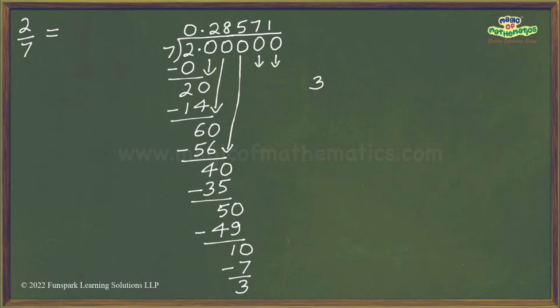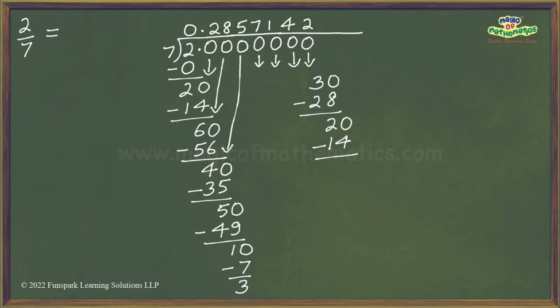As before, I put a 0 and bring it down. 7 times 4 equals 28. 30 minus 28 is 2. Put a 0 again and bring it down. 7 times 2 equals 14. 20 minus 14 equals 6.